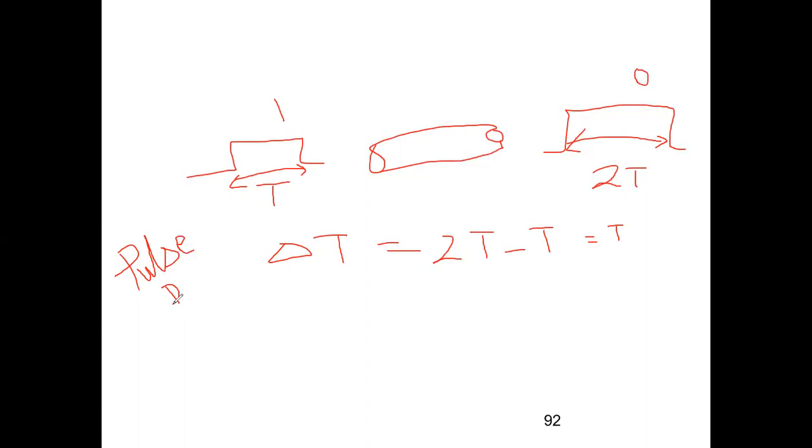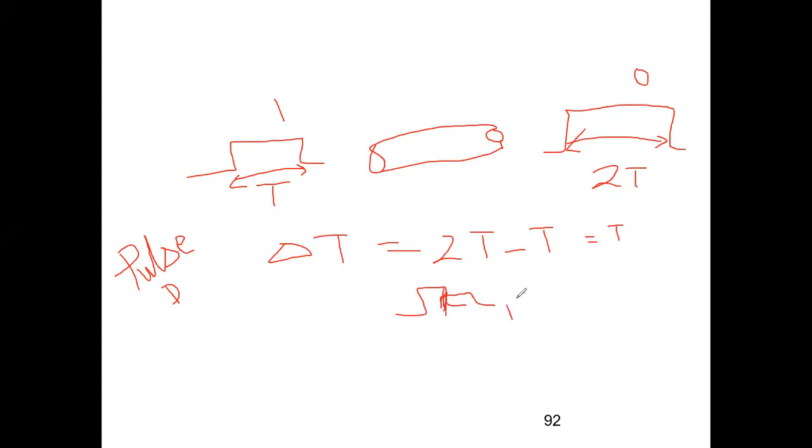Now, if the pulse broadening happens, then the adjacent pulses may overlap with each other. Here intersymbol interference occurs, and we need to avoid this ISI.